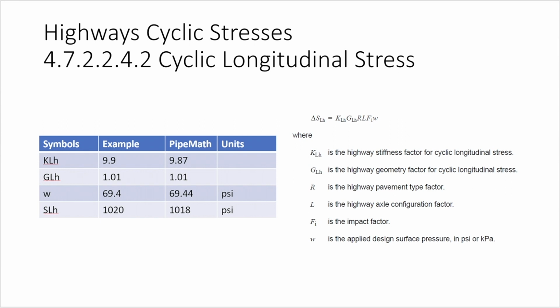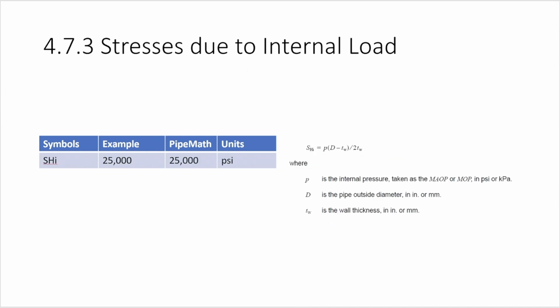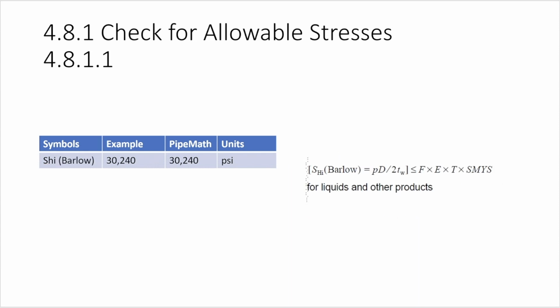Cyclic longitudinal stress, same way, you can see the second column and third column comparing the values, and the numbers are comparable or the same. Okay, so on this slide, stress due to internal load, which is the pressure. PipeMath has calculated 25,000 psi. The example has also given 25,000 psi. So exactly the same numbers.